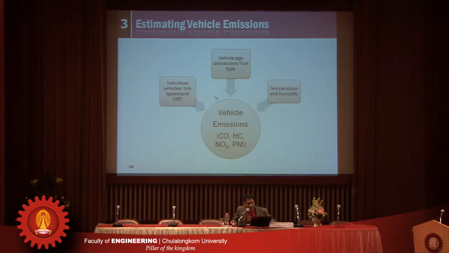And how do we estimate the vehicle emissions? Again, it's based on individual vehicles, link speed, and VMT. So what happens is, as the micro-simulation runs, we output how every vehicle moved in the network in every split second. You're talking about 0.1 second type of resolution in the simulation models.